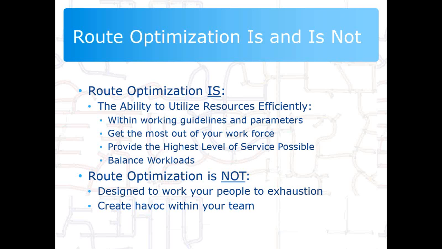Whether you're a municipality or a private enterprise, you operate the business a little bit differently than maybe the guy next door to you. So you want to be able to get the most out of your workforce. You want to be able to provide the highest level of service possible, and you typically balance the workload so your workers aren't feeling like they're getting slighted or working harder than anybody else.